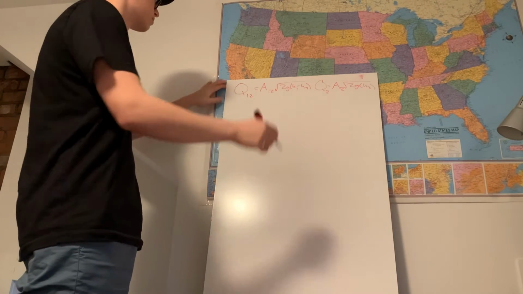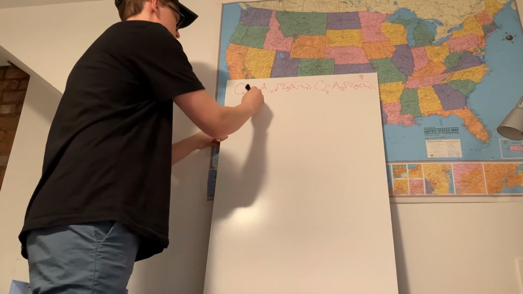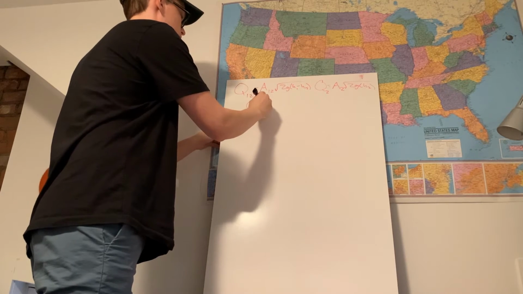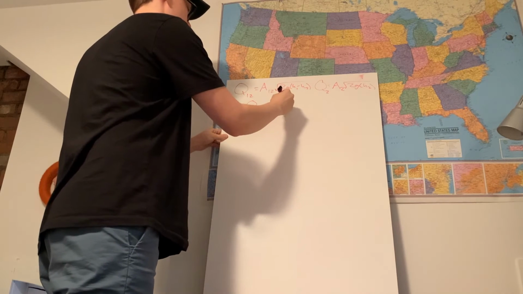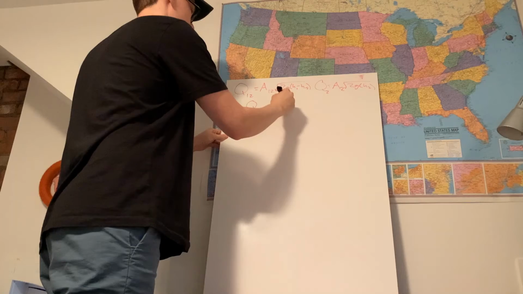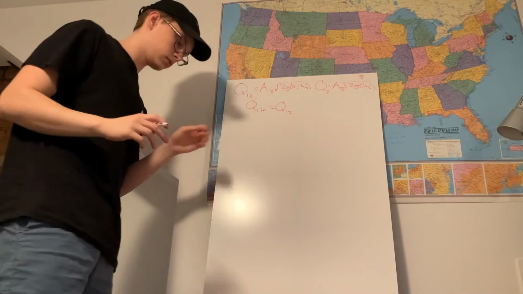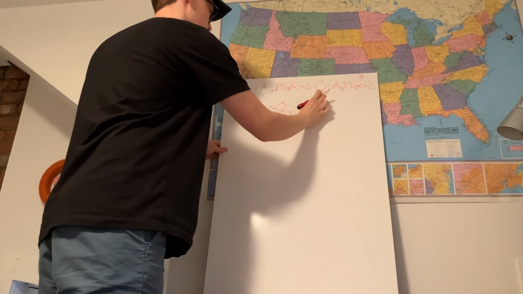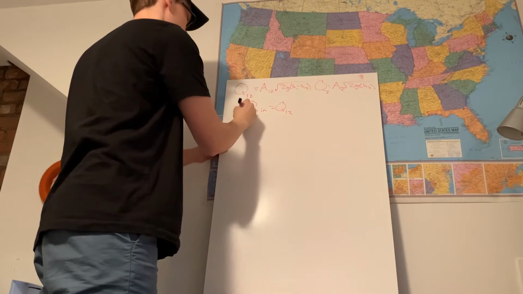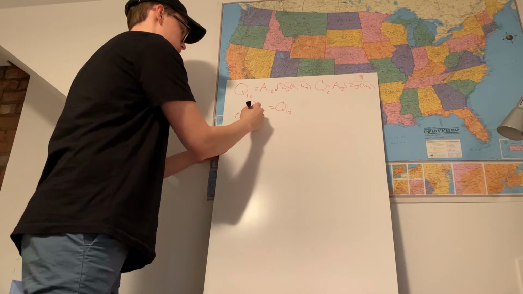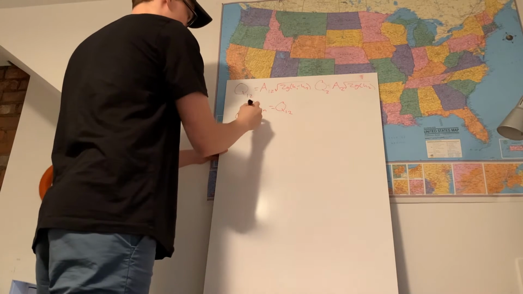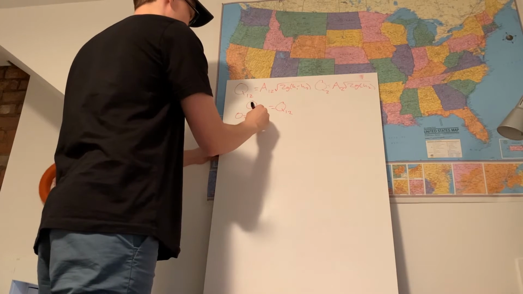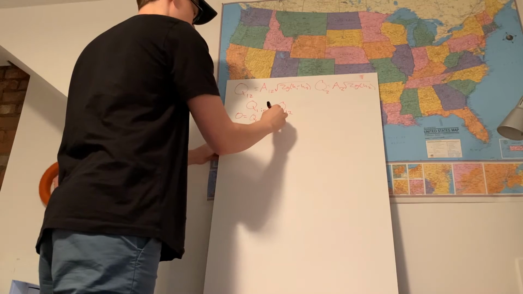So basically Q1 in is equal to Q12. And also we can rearrange that, basically 0 is equal to Q1 in minus Q12.